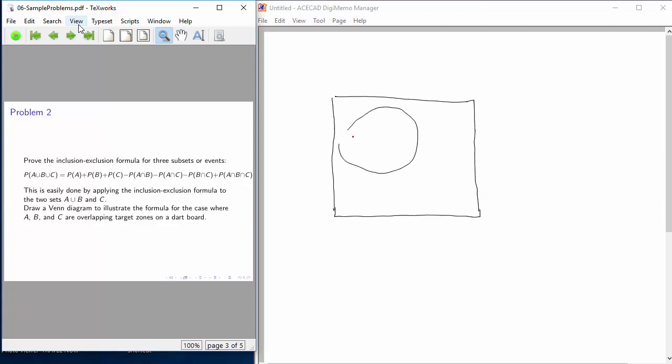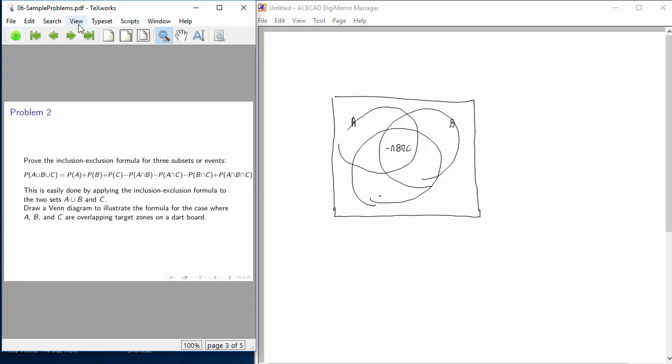Here I'll draw some nice big overlapping circles for A, for B, and for C. And there, smack in the middle, is A intersect B intersect C. Okay, how do you do this?